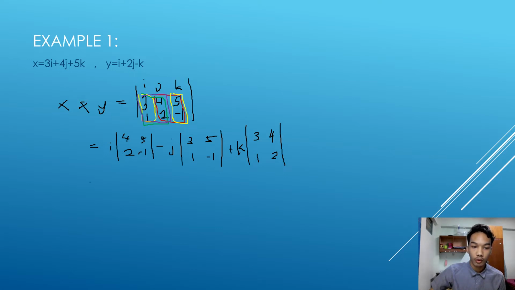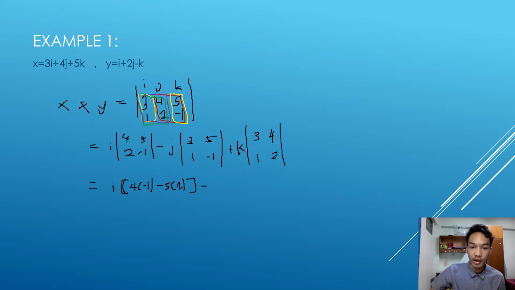Then we must solve it. For this, we're going to get i times the box: 4 multiplied by negative 1 minus 5 multiplied by 2, and close it.